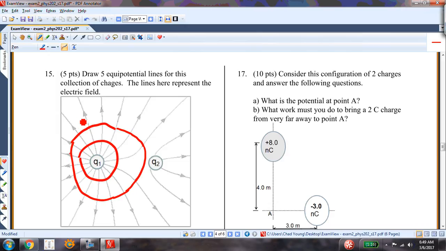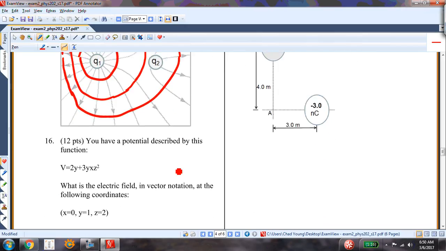Just keep them perpendicular at each point. As you get further away from these, notice these are both positive, they'll just begin to look like a point charge. So the equal potential lines will begin to encapsulate both charges. And I'll leave you to do the rest of those, but you can add in a couple more.